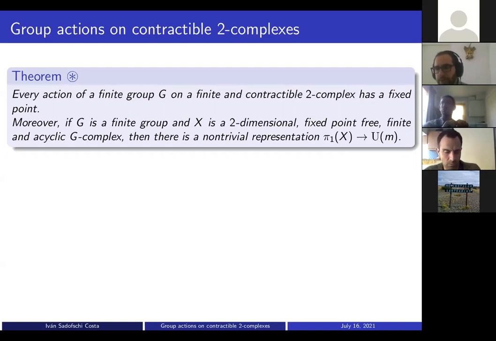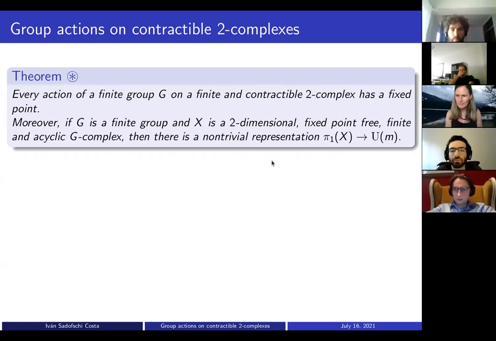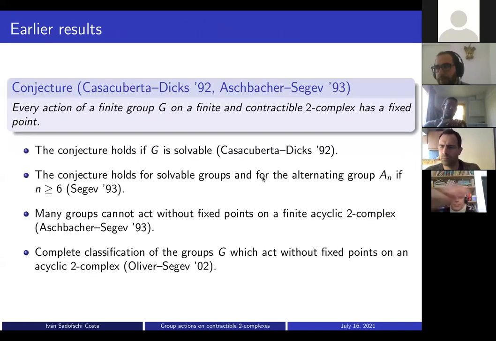But I don't know how to pass from one case to the other, because if the space is not compact, there may not be a compact subcomplex which is fixed by the action of chi, or stable by this action. So I don't know.